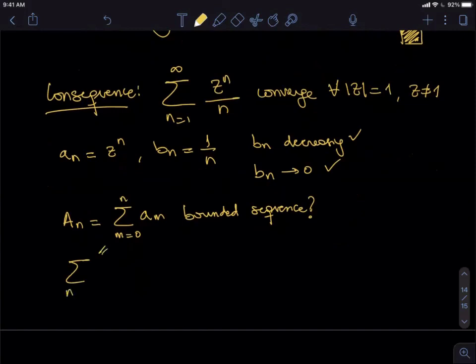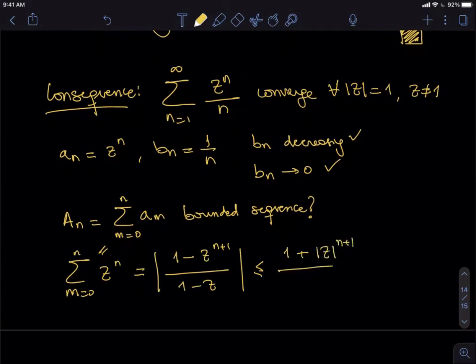So this is the sum from m equals 0 to n of z^m. On this one, we can actually use the formula for the sum. This is 1 minus z^{n+1} divided by 1 minus z. And then here, this is at most 1 plus modulus of z to the n plus 1 divided by modulus of 1 minus z.